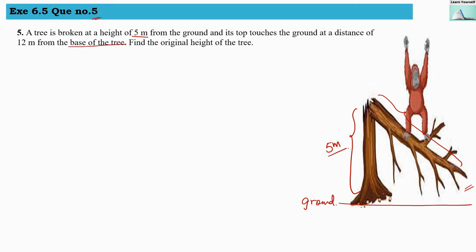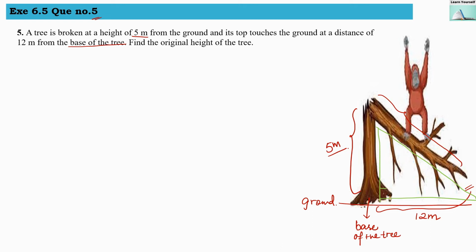So this distance, what we are seeing, is 12 meter from the base of the tree. So this is our base of the tree. From there till the top of the branch, the distance is 12 meter. If we look here carefully, then this is a triangle and it is a right angle triangle.